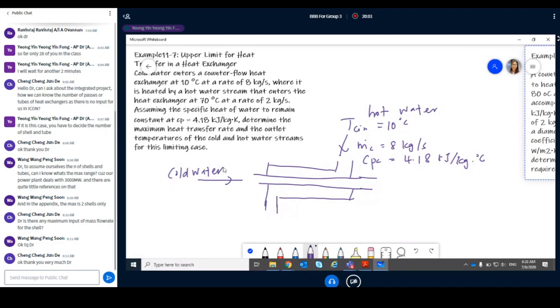Okay. Right now, the question is asking you to calculate the TC out and the TH out under the Qmax condition. So in fact, this question is very simple and straightforward.